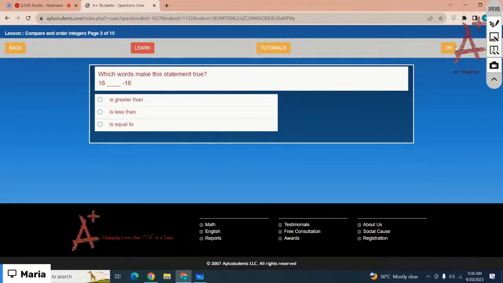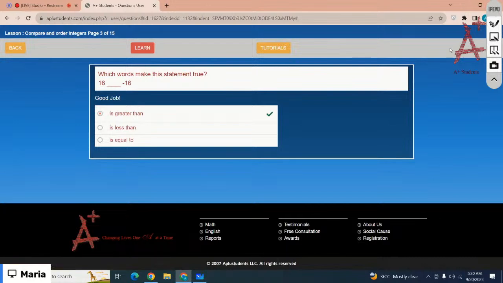So 16 is greater than negative 16, right? The correct option is 16 is greater than negative 16.